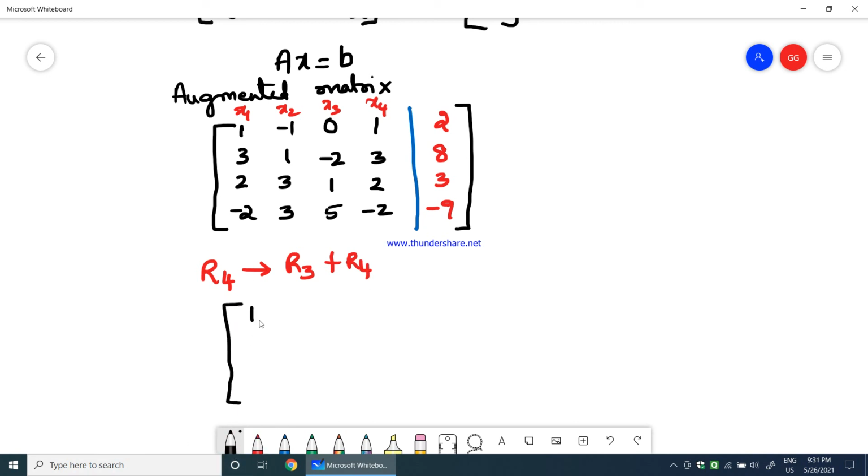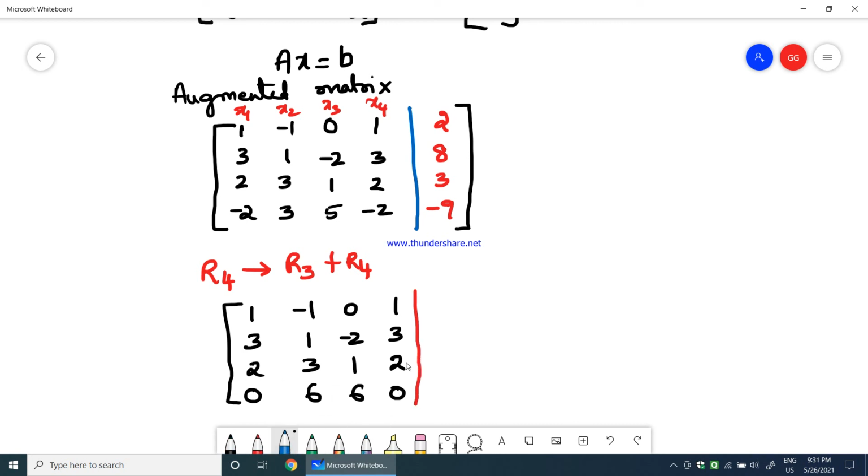So what will I get? I'll write other contents as it is. So it is 2 minus 2 is 0, 3 plus 3 is 6, 5 plus 1 is 6, again 2 minus 2 is 0, and put a bar here, and then write the right hand side elements. So it is 2, 8, 3. Now 3 minus 9 is minus 6.